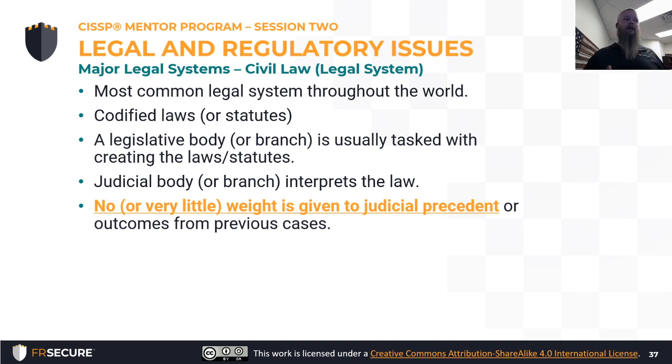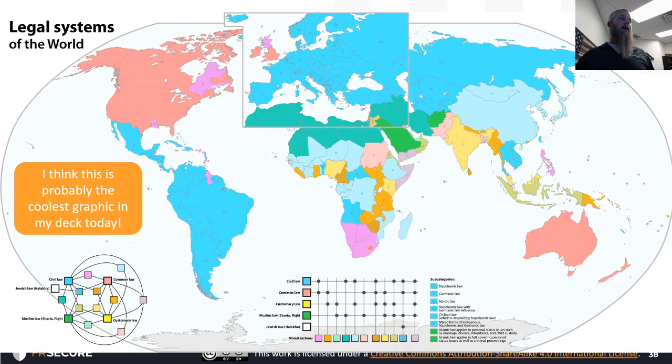Every interpretation is pretty much whatever that jurisdiction interprets the law to be at that time. So not a lot of judicial precedent, or in some cases none. But that's civil law. Everything else is pretty much the same as the common law system in the United States. It's just the precedent piece. That's why I highlighted that.